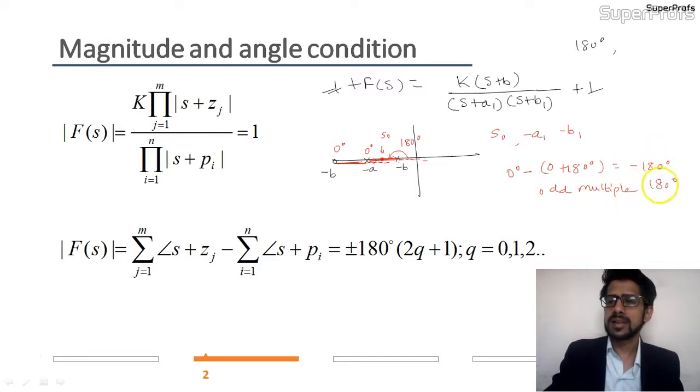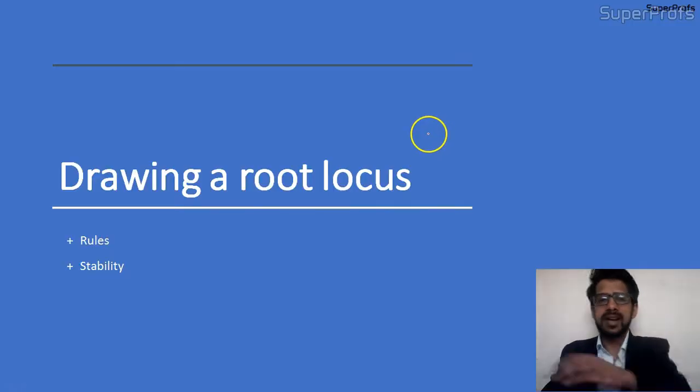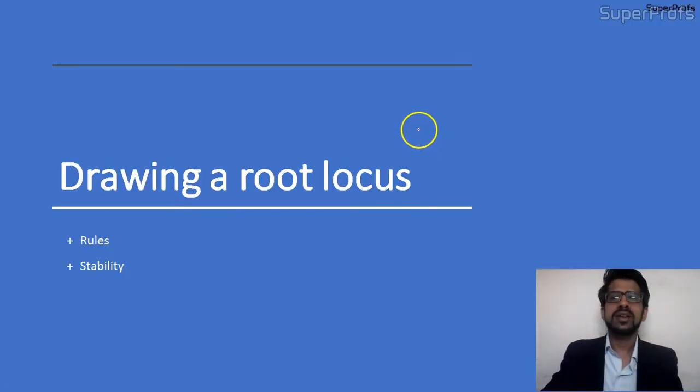And hence the point lying between minus a and minus b, the locus between minus a to minus b, will lie on the root locus of this particular function. Now by checking this angle condition, we can go forward and check the magnitude condition for s naught.